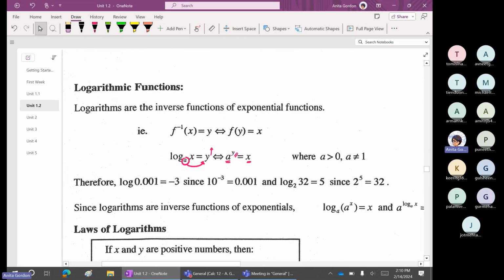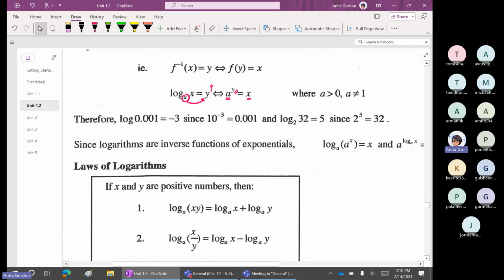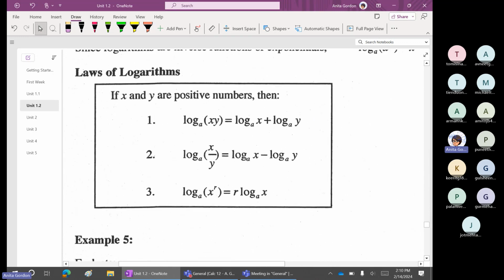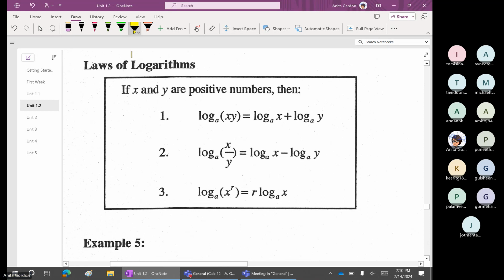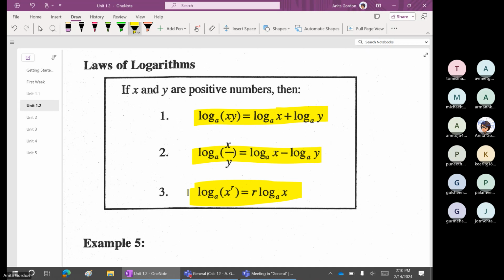Some other laws that we need to remember. Do we remember this from last night? Good. The key point here is that the base must be the same.